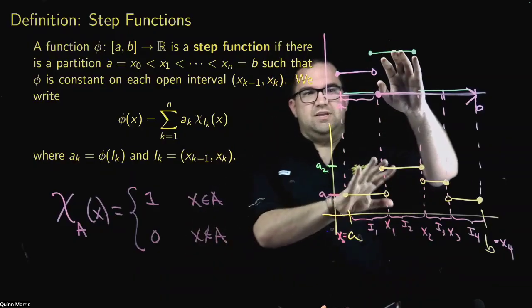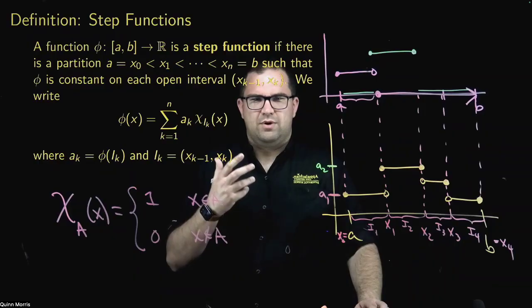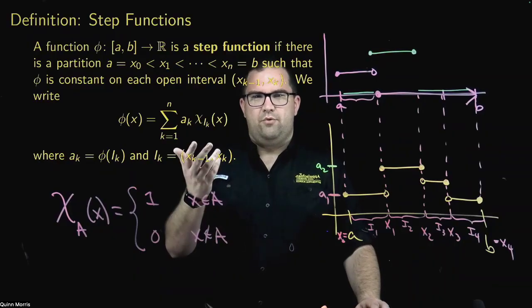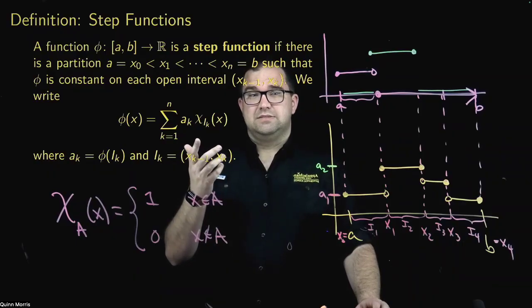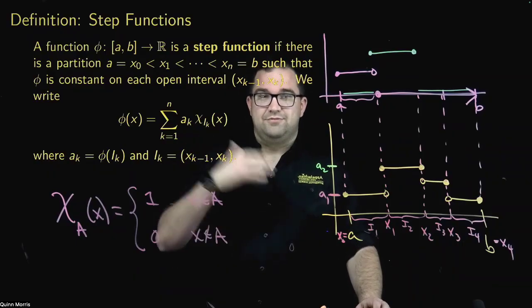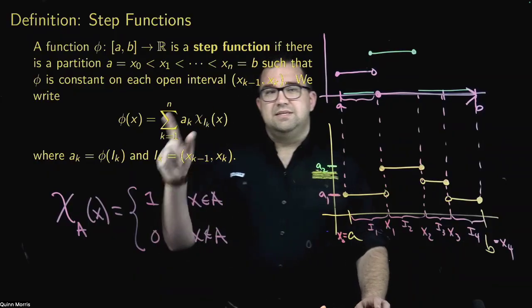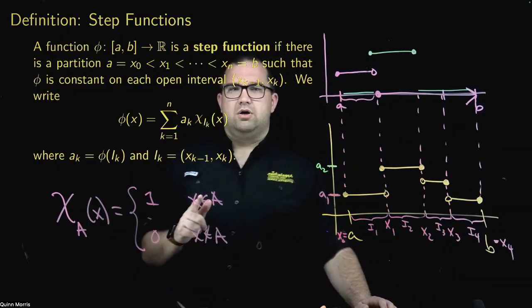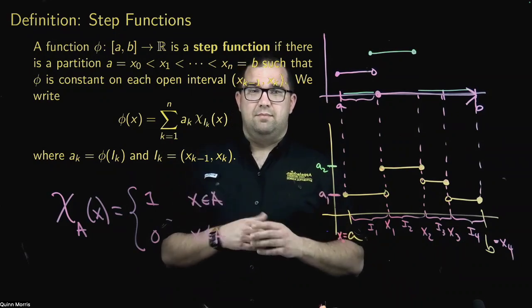Does this actually give me back the same thing? And then once you realize that it does, the question becomes why is it helpful to write it like this? Well, we'll see in subsequent videos, not in this one, that this is a really helpful way to think about step functions, because it turns out to be a nice way to define the Lebesgue integral.